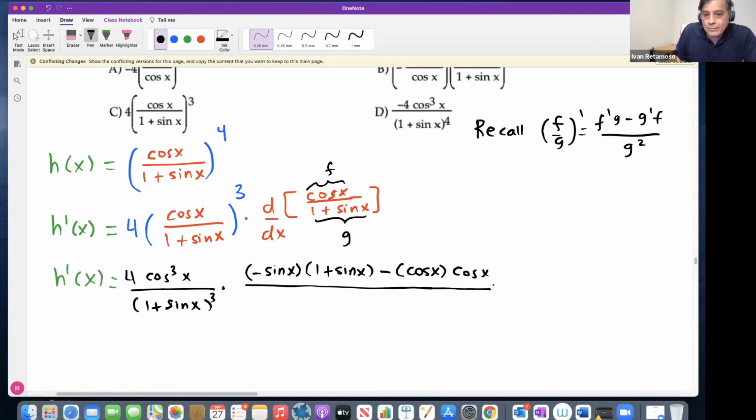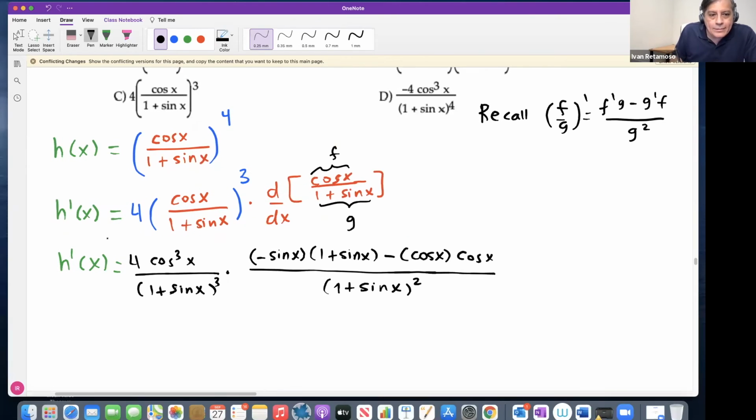So done with the numerator. On the denominator, you keep the g function, 1 plus sine of x squared. And remember, do not expand this, right? Leave this alone. All right, so now our derivative becomes the following.